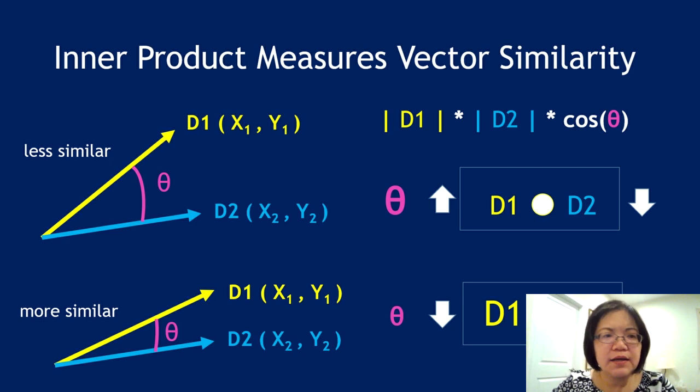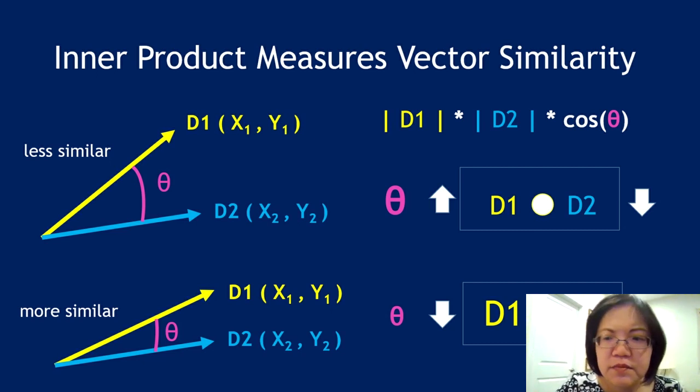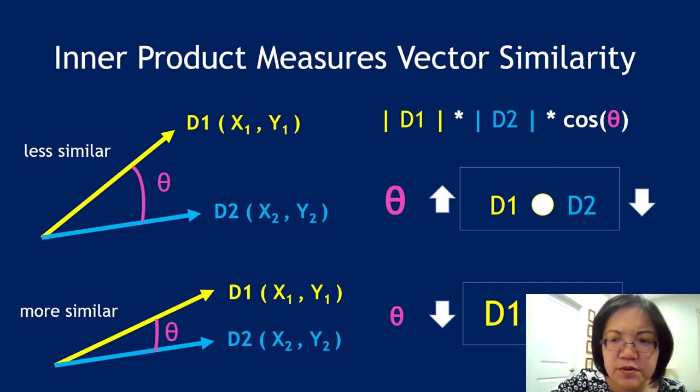Now, this is why inner product measures vector similarity. Okay, so when the angle gets bigger, cosine actually gets smaller. And when the angle theta gets smaller, cosine theta goes up.